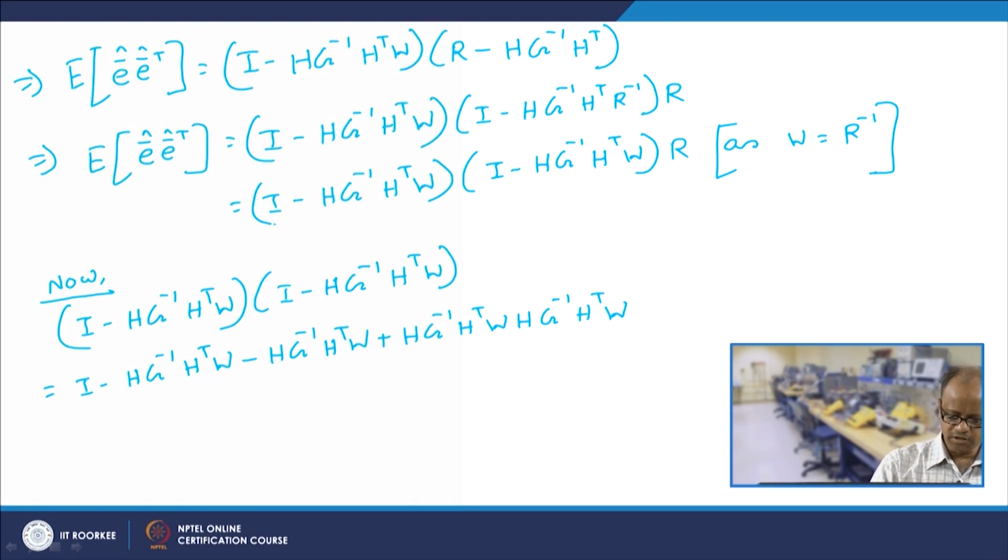Now, it is very interesting to look at that this quantity is nothing but G. So, then therefore, G into G inverse is equal to identity.